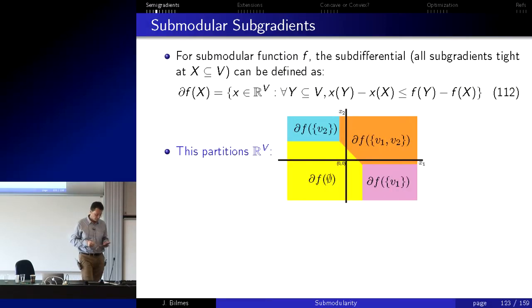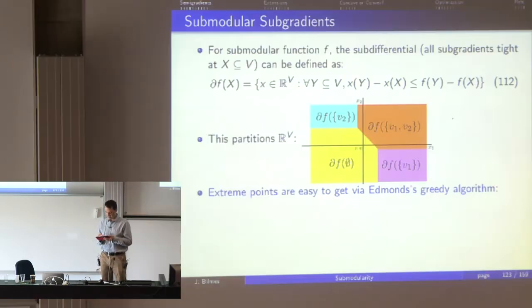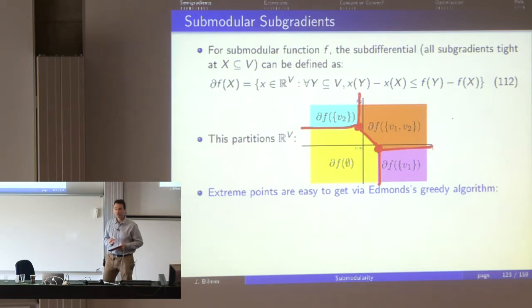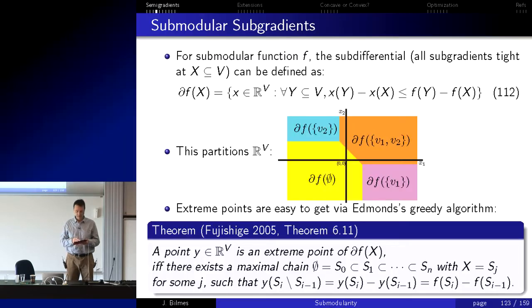And moreover, the extreme points, as we will soon see, are very easy to get. These points in red that I just marked delineate where the boundaries of the subgradients are. And thanks to Edmonds' greedy algorithm, which we're going to talk about in a minute, we get them.